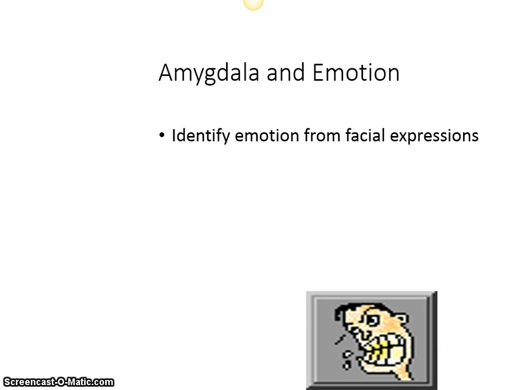Our amygdala also holds some of the earliest memories of life in the form of emotional content. So, in short, the amygdala is a large storage bank that reaches back to our infancy before we have words to describe things. And with this emotional memory bank, the amygdala helps us to identify facial expressions.